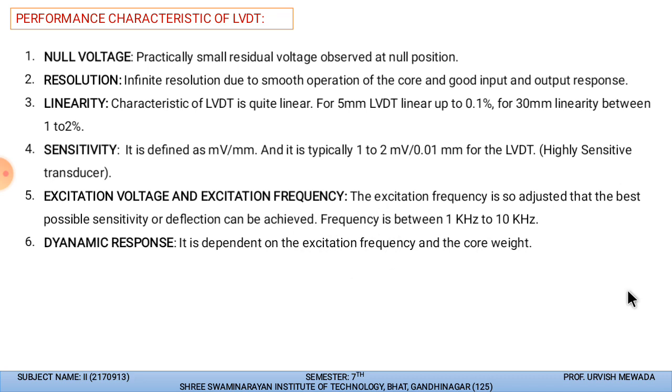And if the core weight is less, then the moving object which is connected to that core has less burden to move. So this indicates how fast the LVDT responds to the displacement of the core. So the dynamic response is basically dependent on the excitation frequency and the core weight, so that we can have a good dynamic response.